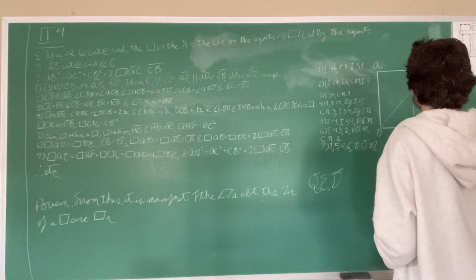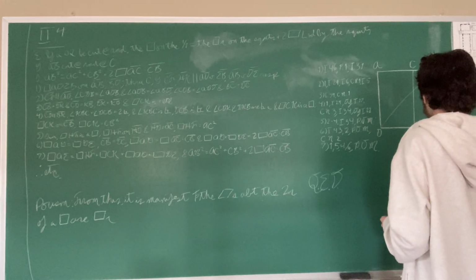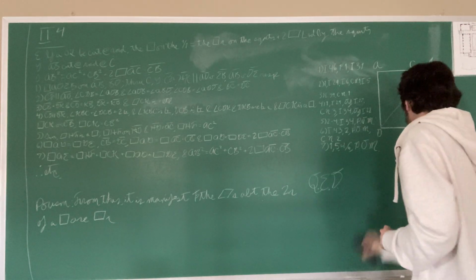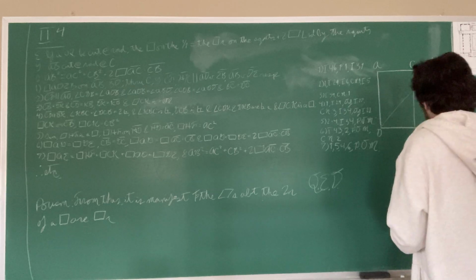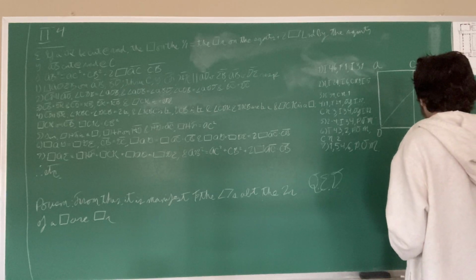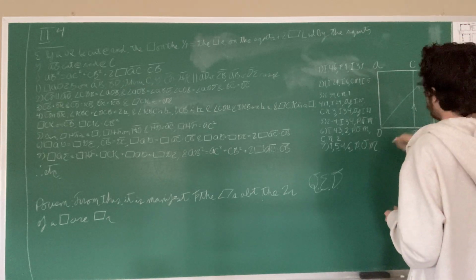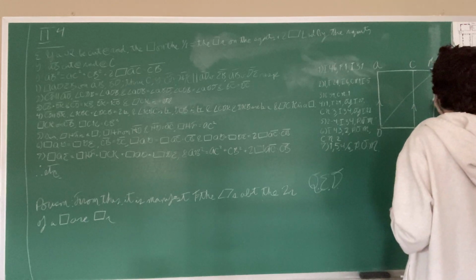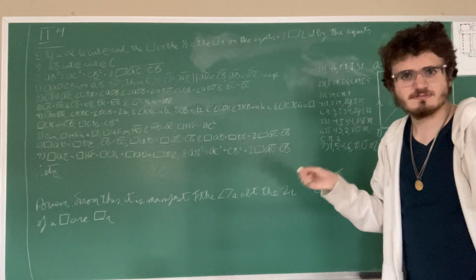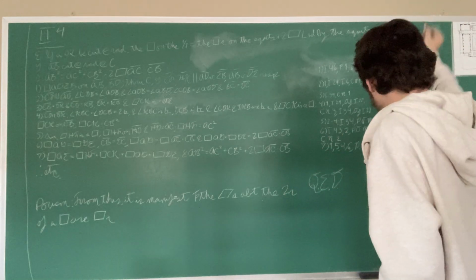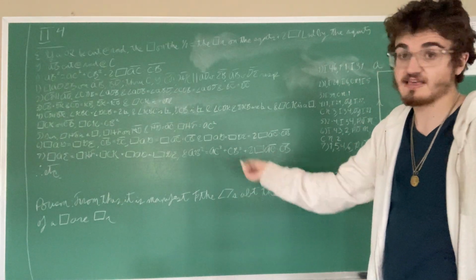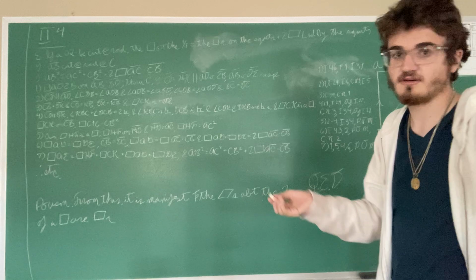C we draw the straight line CF. This chalk is ugly. We draw the straight line CF such that it is parallel to AD or BE. AD and BE are parallel to each other, and so you can make CF parallel to either and it'll be parallel to the other.